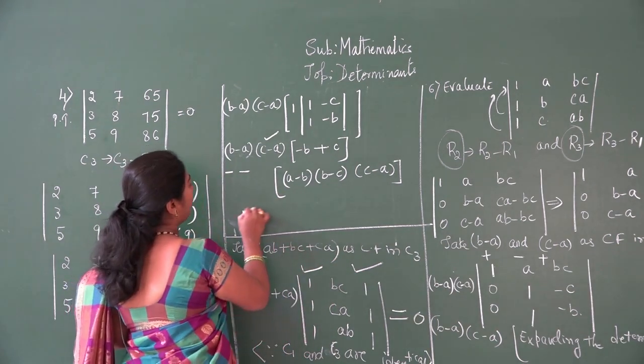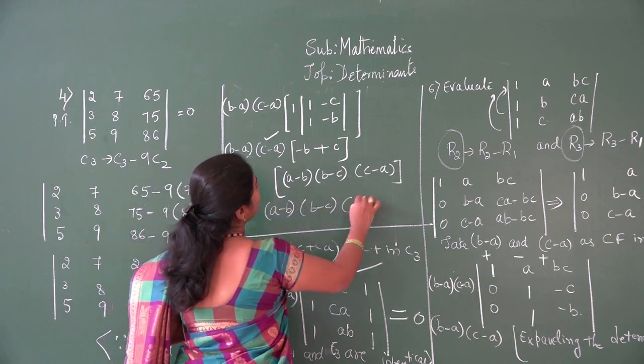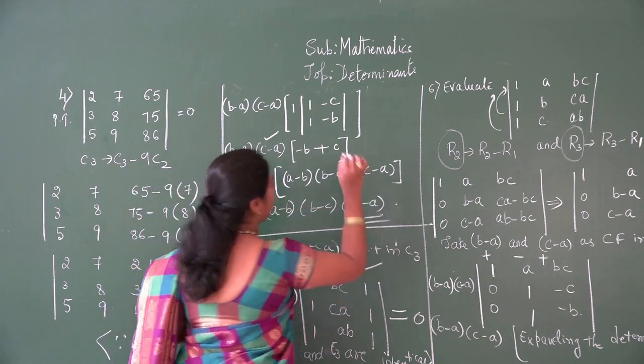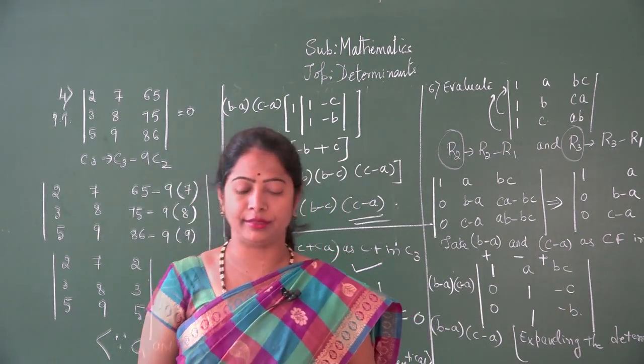It is nothing but plus, which is equal to A minus B, B minus C into C minus A. This is the expanded form of the determinant.